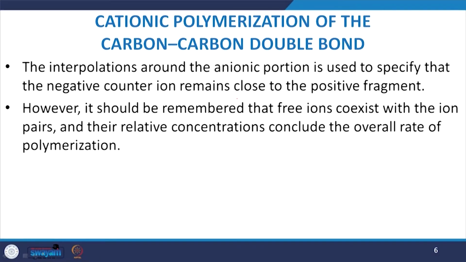However, it should be remembered that the free ion coexists with the ion pair, and their relative concentration decides the overall rate of polymerization. So, this relative concentration plays a very vital role in the overall rate of polymerization.